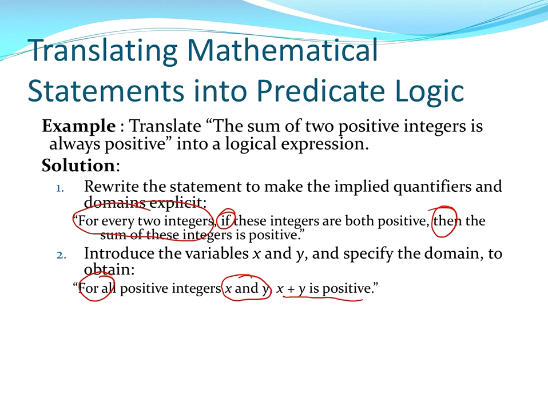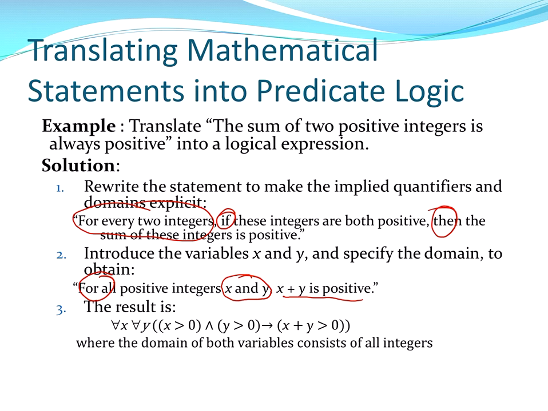Now that we have our variables, we'll introduce our quantifiers and a test for whether they're positive or not. So for every x, for every y, if x is positive and y is positive, then x plus y will be positive. And we do have to remember to specify the domain.